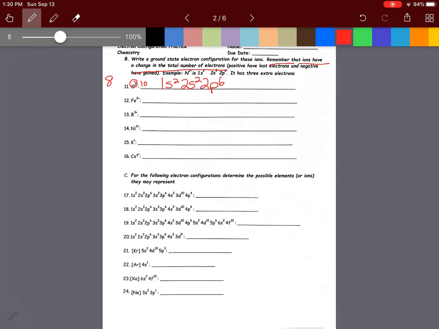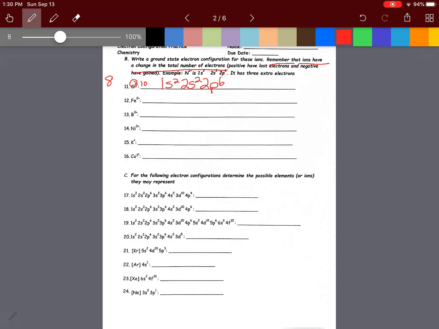Our normal oxygen atom configuration would be 1s2, 2s2, 2p4, but our ion has 2 more electrons, so we do the electron configuration that way. You'll notice iron is a 2 plus, so that's going to have 2 fewer electrons. Boron is a 3 plus, that's going to have 3 fewer electrons. So work those problems as well.